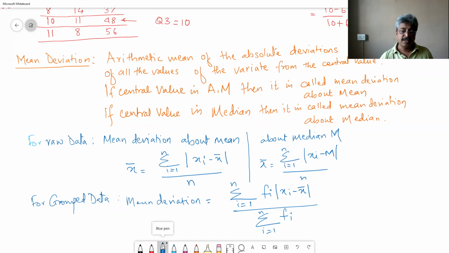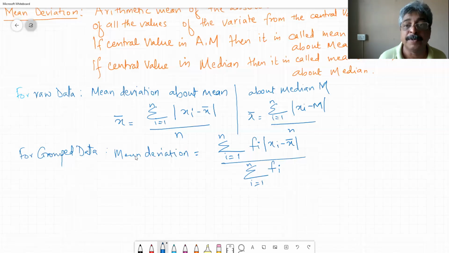If you replace the mean x bar by the median M, you will get the mean deviation about median for grouped data. Now let me write down a problem and pause the recording for 5 minutes.